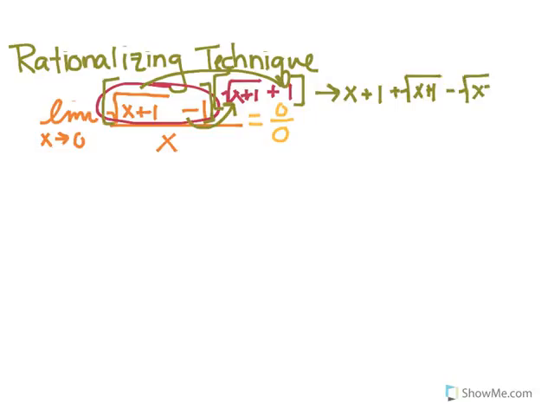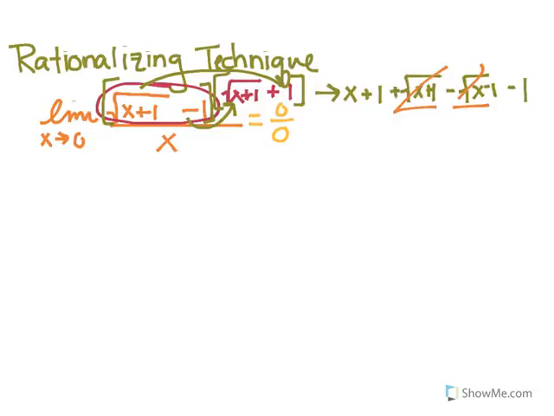And what you should see, what's cool about this is this and this will completely cancel. And this will happen every single time that you multiply by a conjugate, which means you do not have to worry about ever doing the outer or inner parts. You only have to worry about multiplying the first two terms together and the last two terms together. So of course the last two are negative 1 and positive 1, which just gives us minus 1.